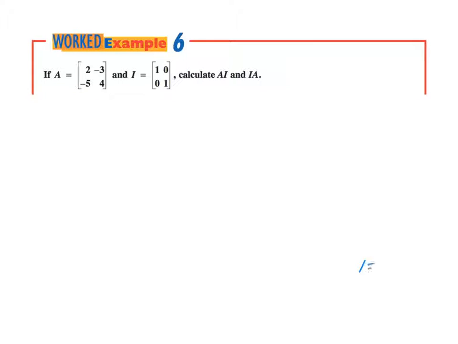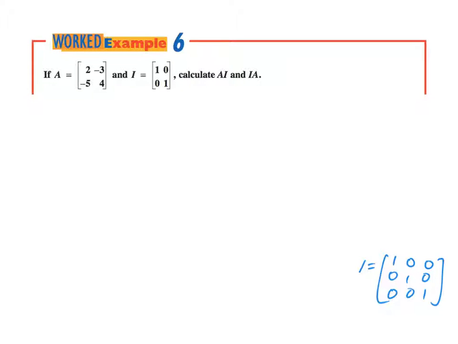Our identity matrix for a 3 by 3 would look like this. Pretty much what we're looking at is a leading diagonal of 1s going in a diagonal pattern, with zeros surrounding. If it was a 4 by 4, it would be the same thing: 4 leading 1s, and zeros surrounding, and this is what makes up an identity matrix.